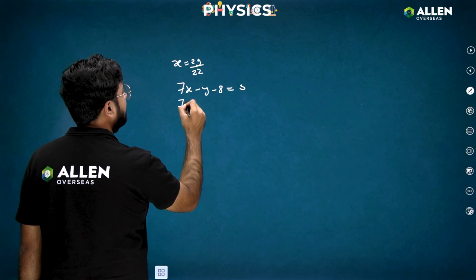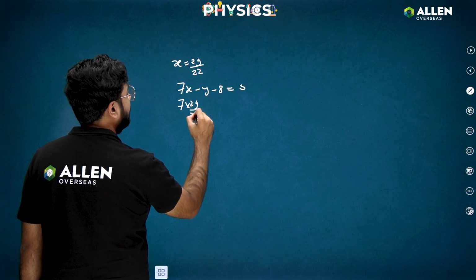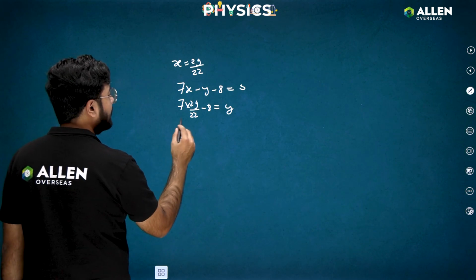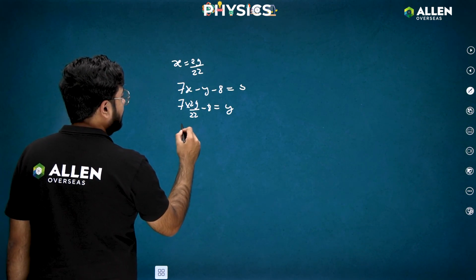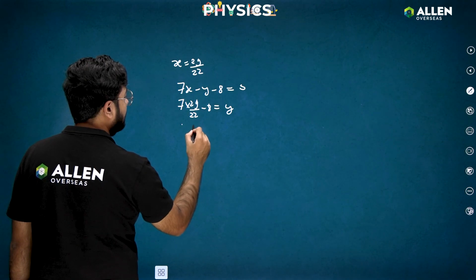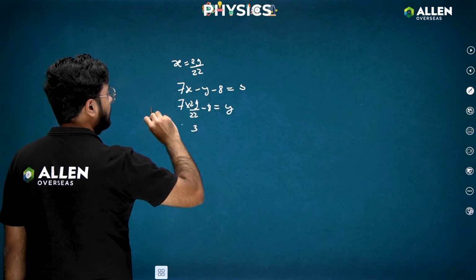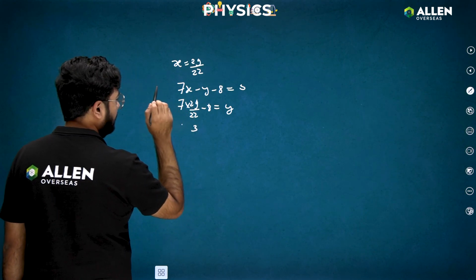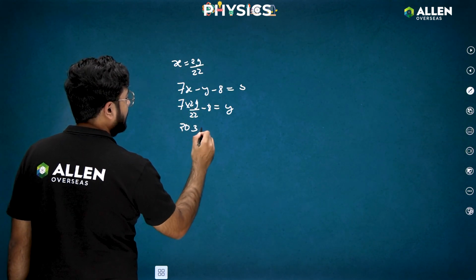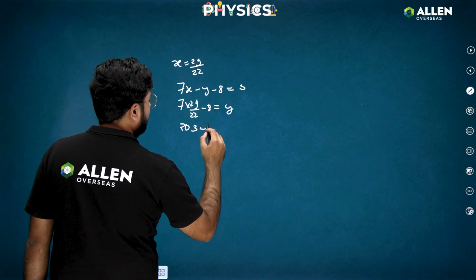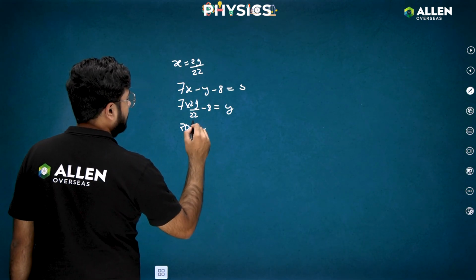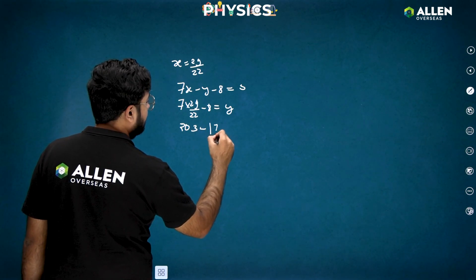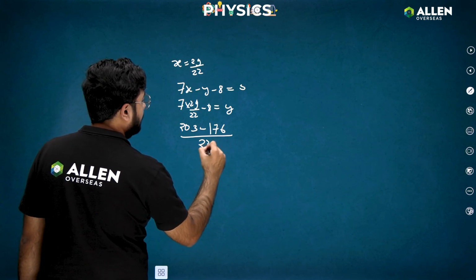So this will be y equals 7 into 29 by 22 minus 8, which is 203 minus 22 into 8, that is 176, over 22.